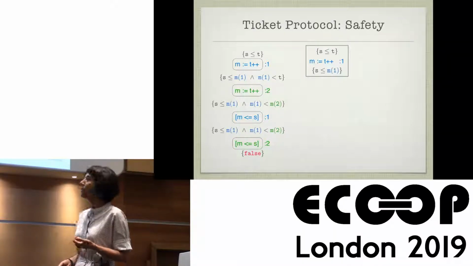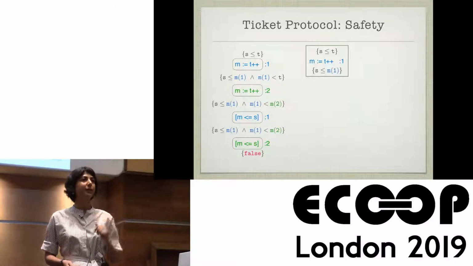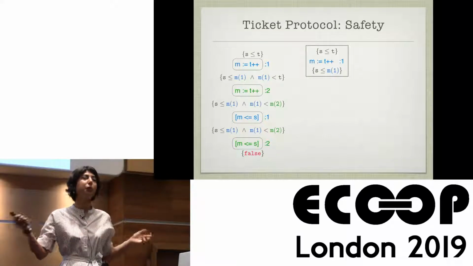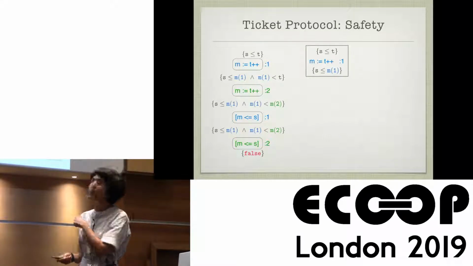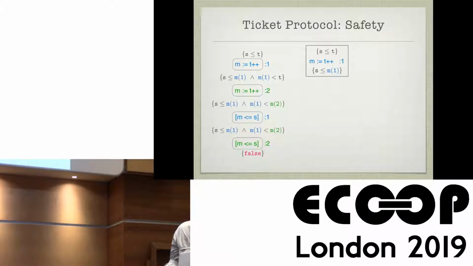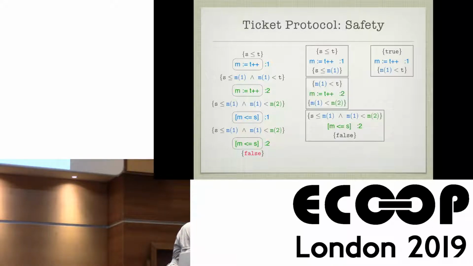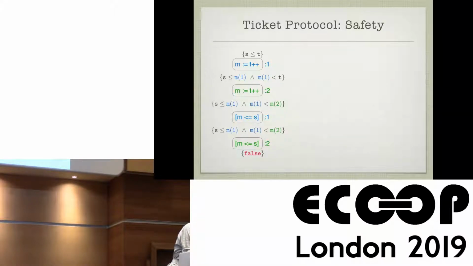I extract Hoare triples out of the proof of this trace. So that Hoare triple that you see, let me try to do... Somehow I can't get my pointer here.